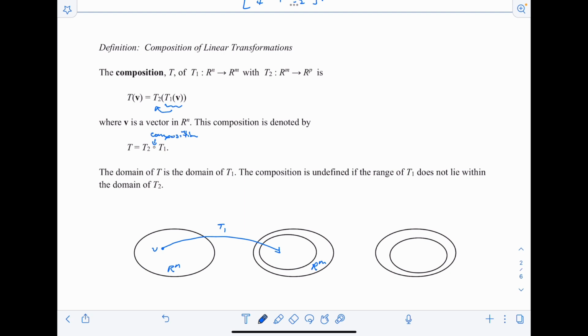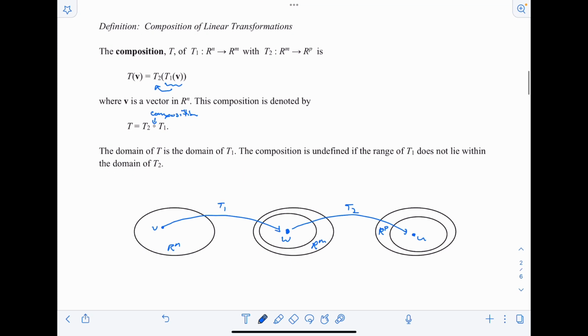Then we'll call this vector W, and this new vector W is mapped to yet another vector space by T2 and creates a vector, and we'll just call this vector U. And T2 is mapping from Rm to Rp, so this is Rp.